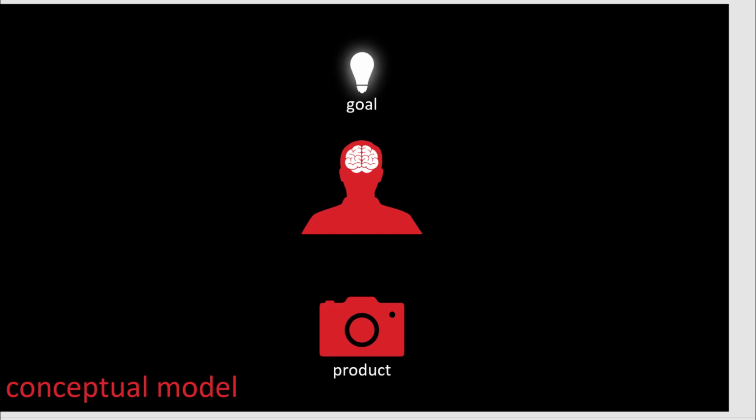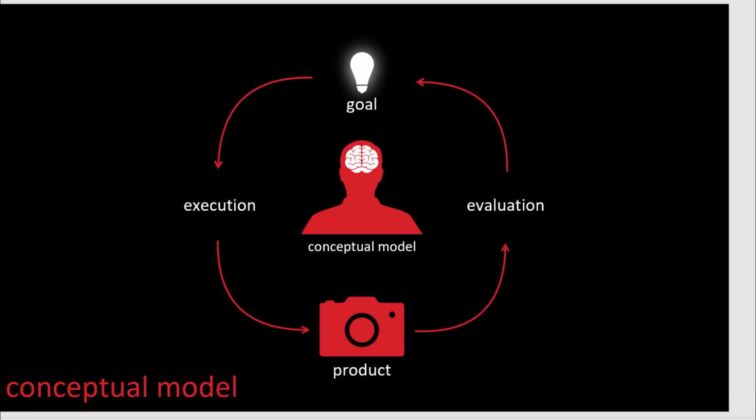The feedback loop between action and result lets us think how useful and functional a product can be. So we have a goal, we consider it, we create a product. Ideally though, if a feedback loop is working effectively, we look at the conceptual model and the goal and the product.